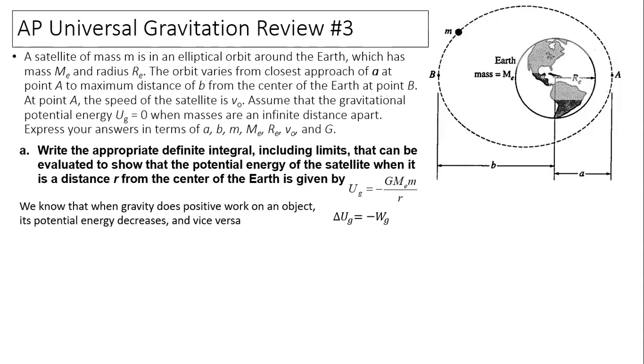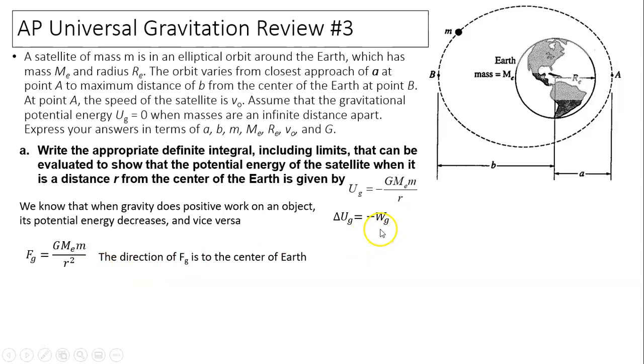When gravity does negative work, such as when an object is lifted up, potential energy increases. So we derived that the change in potential energy equals the negative work done by gravity.